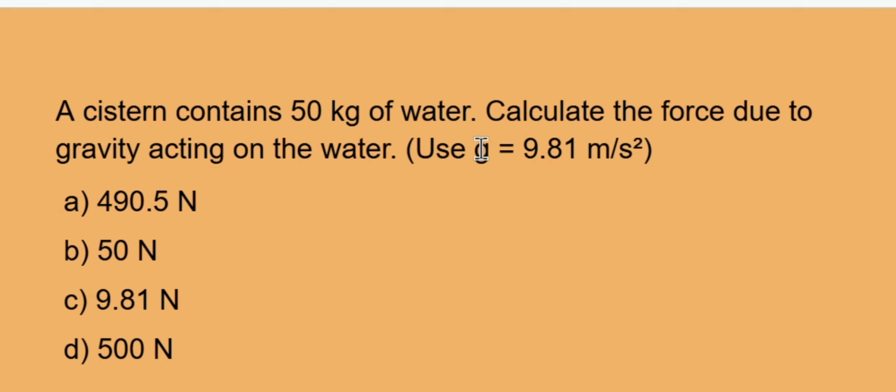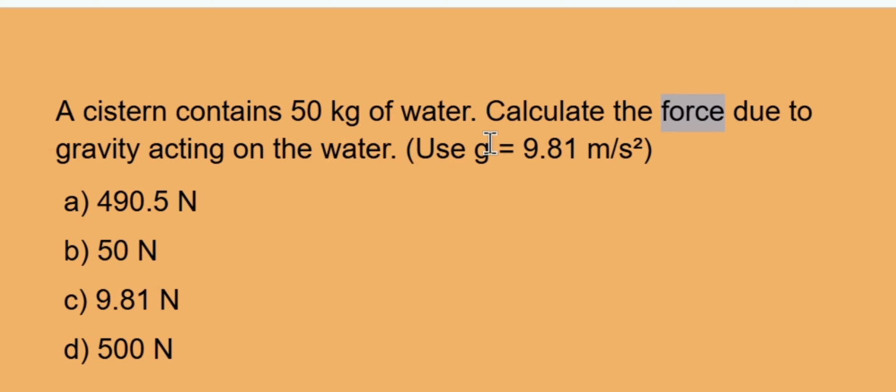Okay, so this is an example of when the 9.81 might turn up. They tell you a cistern contains 50 kilograms of water. This is the question, right? Then they want you to calculate the force due to gravity acting on the water. So in order to answer this, you're going to need to know the formula for force, right?